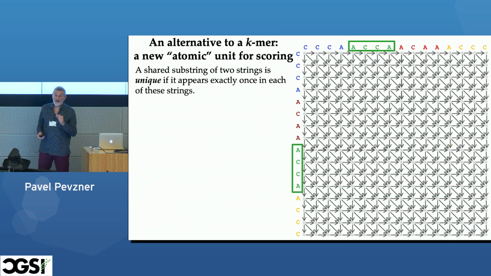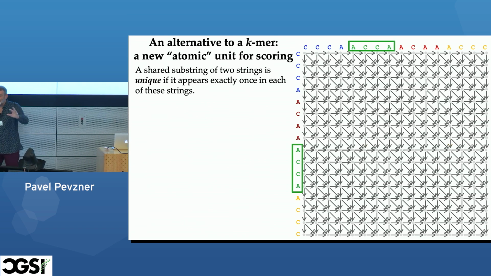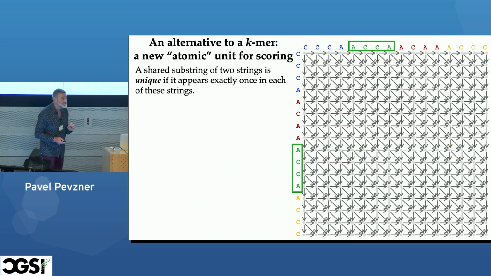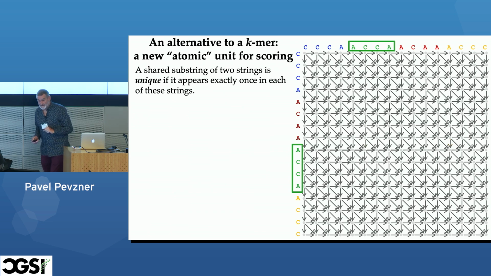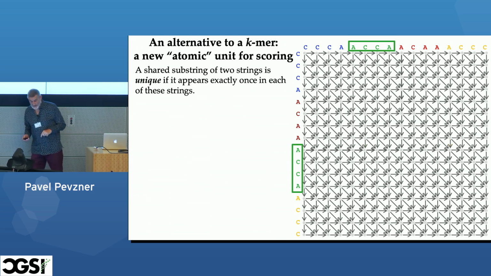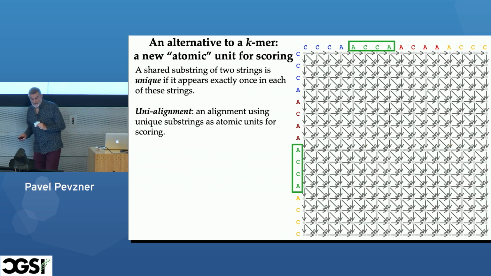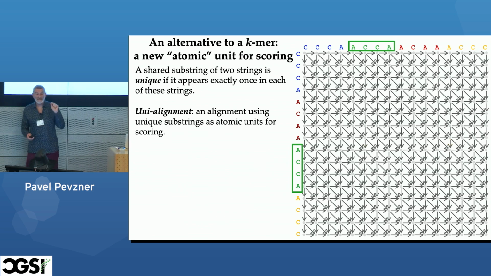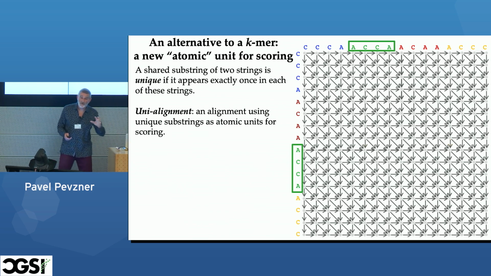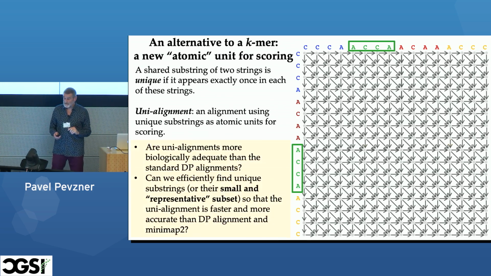Now our scoring approach will change for every pair of strings, depending on where these unique k-mers are. A shared substring of two strings is unique if it appears exactly once in each of these strings, like this green one. A uni-alignment is an alignment that uses only unique substrings as atomic units for comparison.